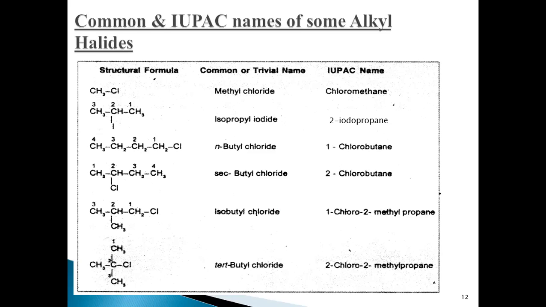And the longest chain rule says the name is 2-chloro-2-methylpropane. Now, I think you know the concept of how to name by the common nomenclature method or by the IUPAC nomenclature.